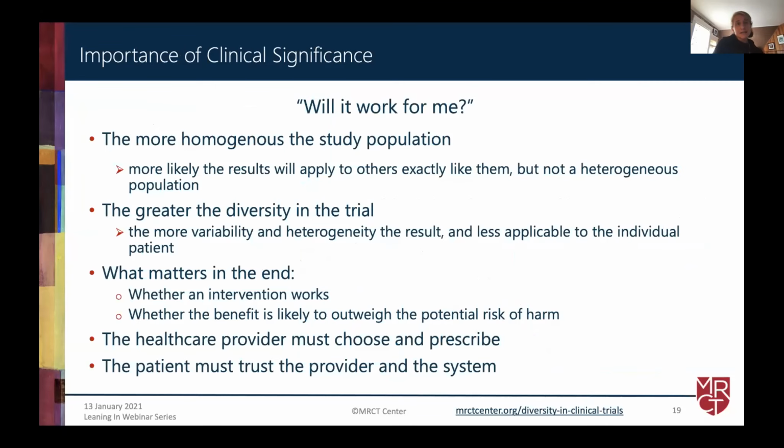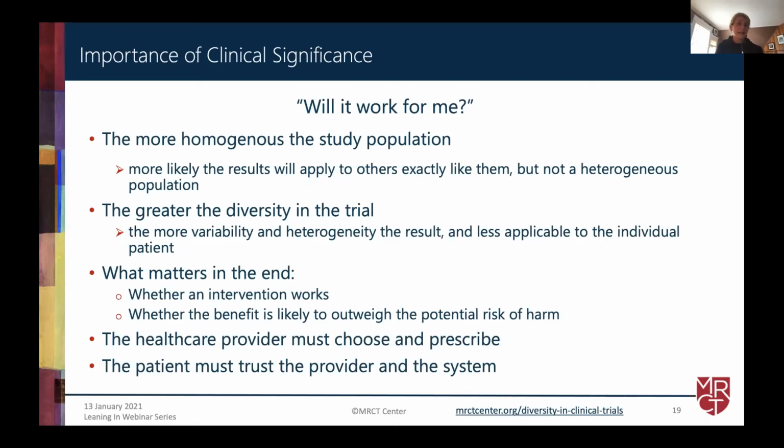I will end my part of the presentation just thinking about diversity and the importance of clinical significance. Patients want to know if the intervention is going to work for them. And when we look at the study population, the more homogeneous it is, the more likely the results will apply to those exactly like them, but not to a heterogeneous population.